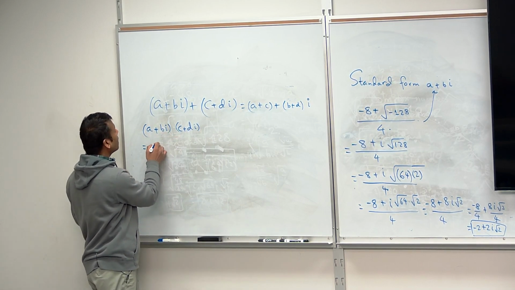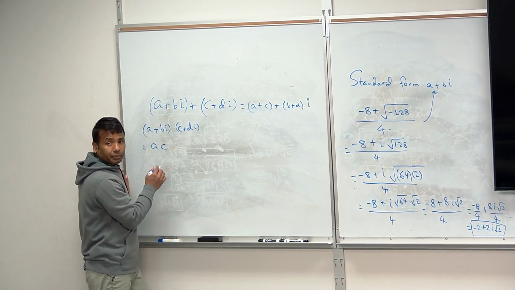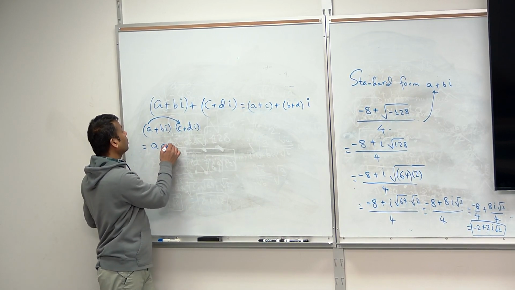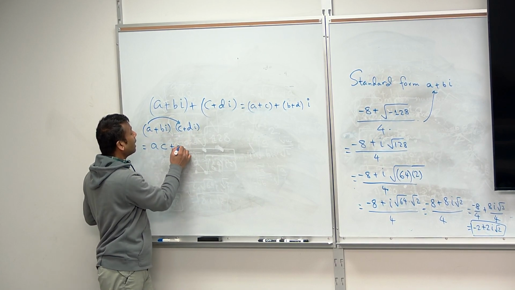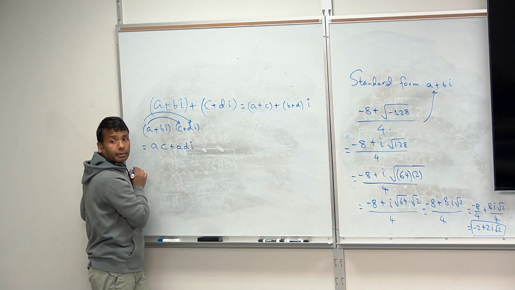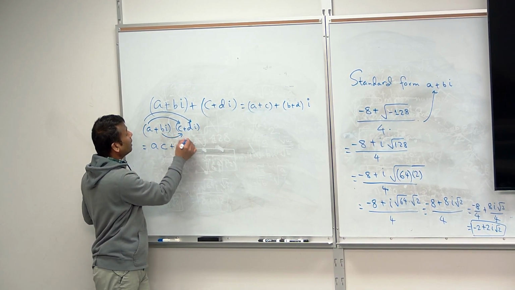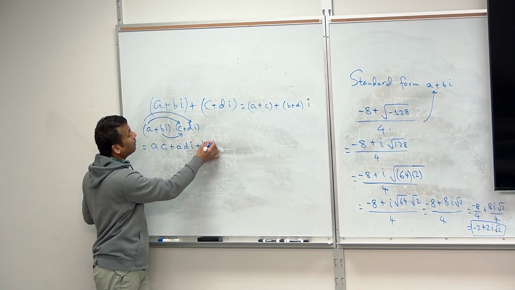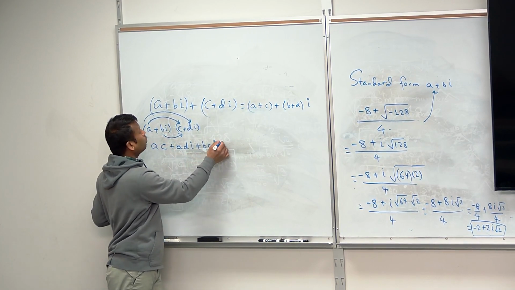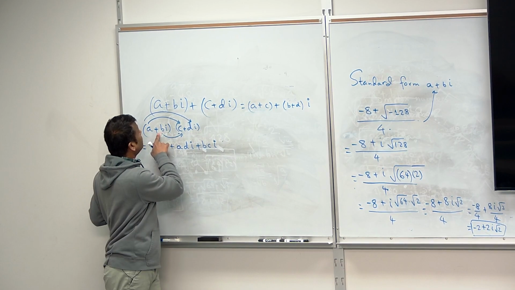What is a times c? ac, plus a times di, adi. Are you with me? bi times c, bci, plus bi times di.